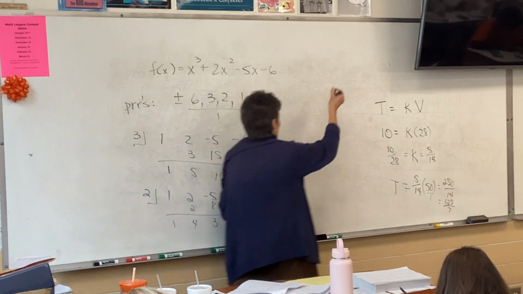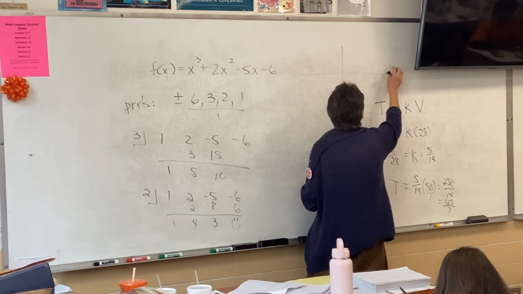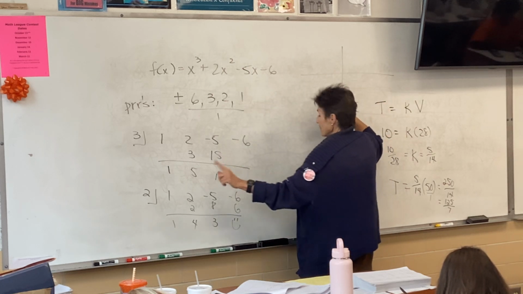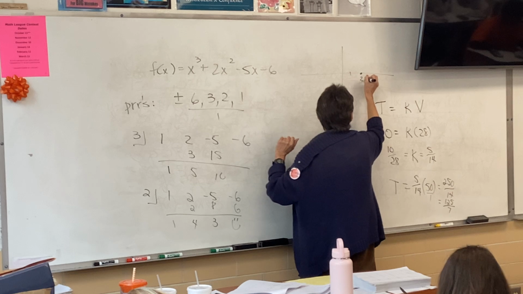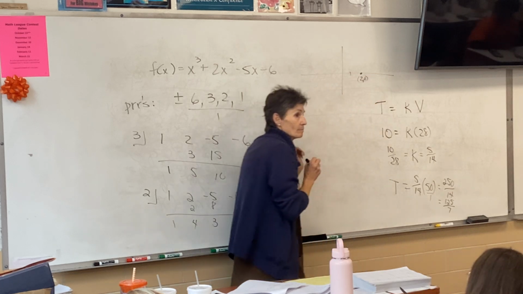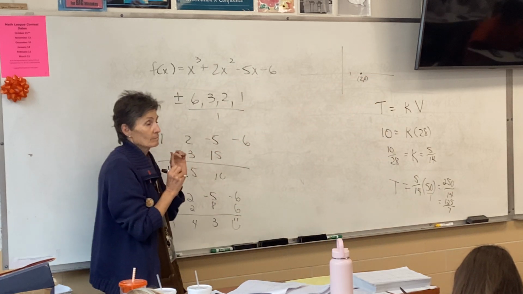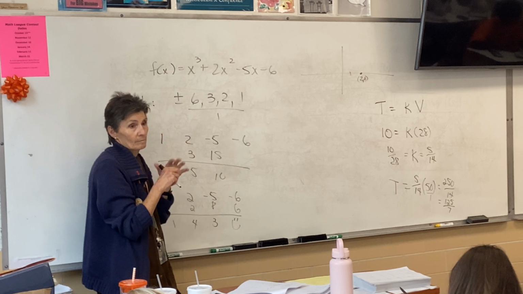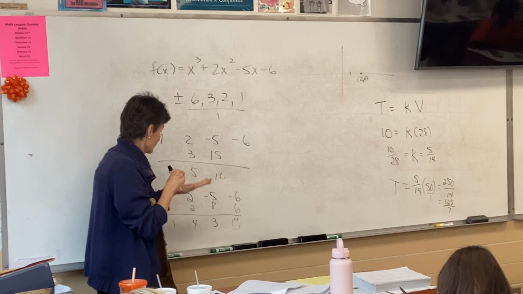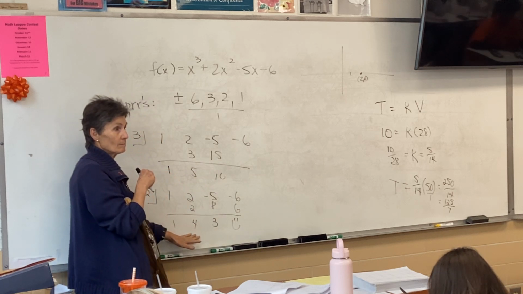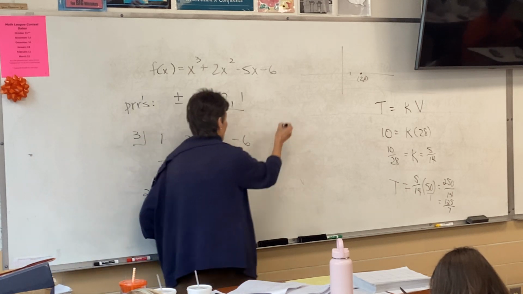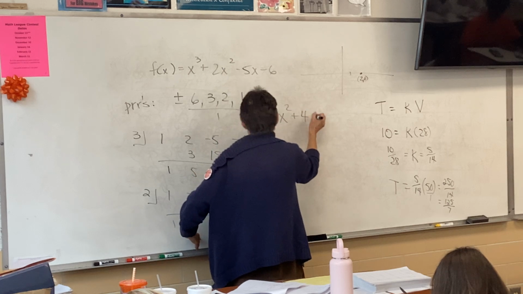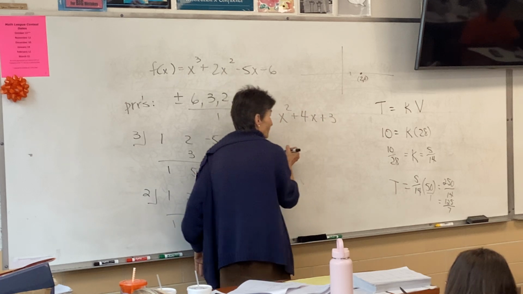So eventually we're going to be sketching this, so I'll go ahead and just start sketching it. That means I have a dot at 2. Where do I go now? This down here, rewrite it, is x squared plus 4x plus 3.